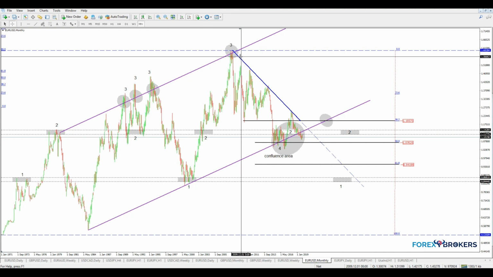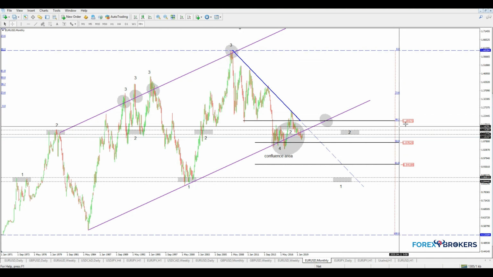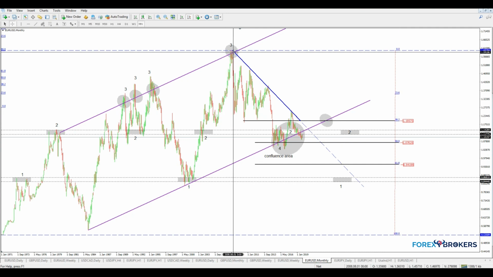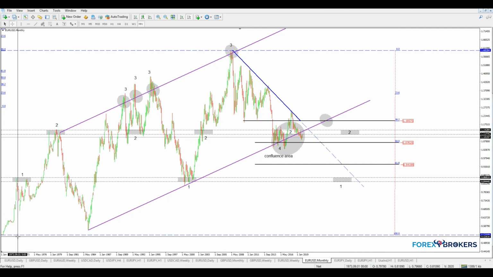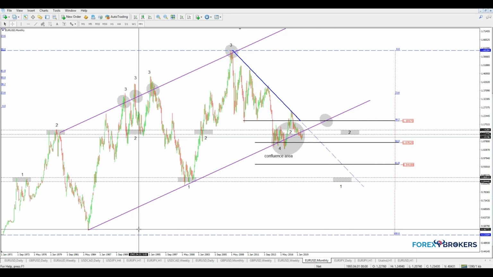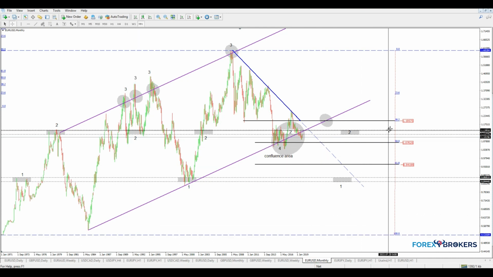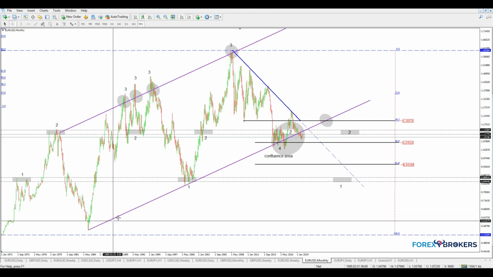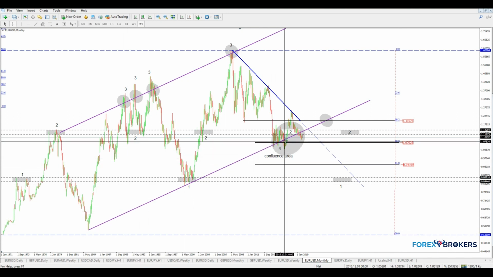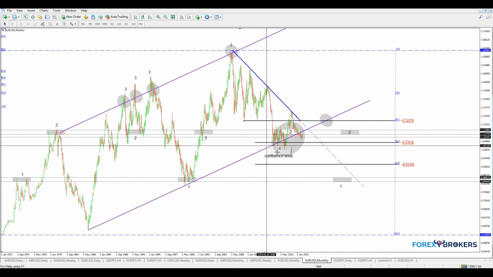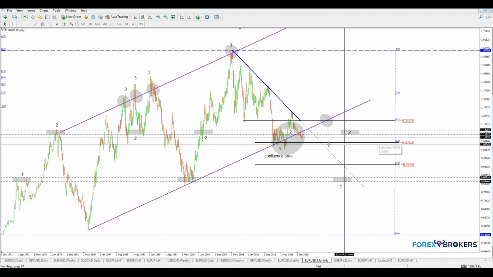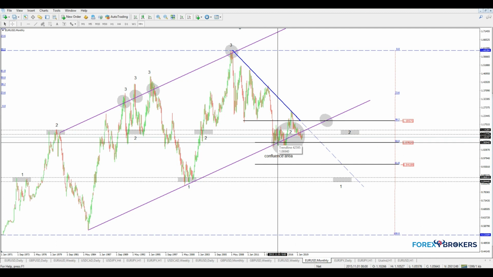But if we take a Fibonacci retracement level and we measure the distance from highs to lows and to the absolute lows, and then we check a bit the Fibonacci ratios, we see that not only that the price found support at the dynamic support, but also at the classic support here.